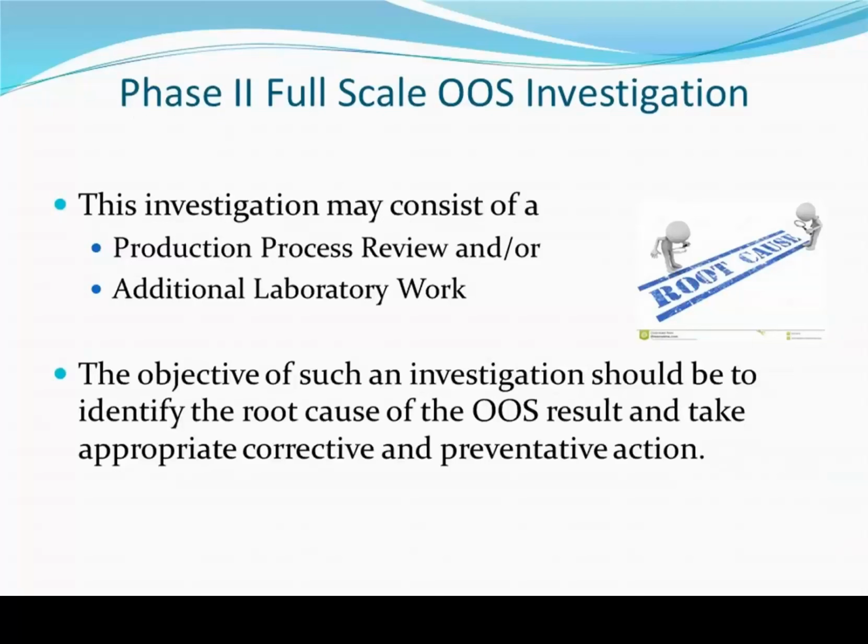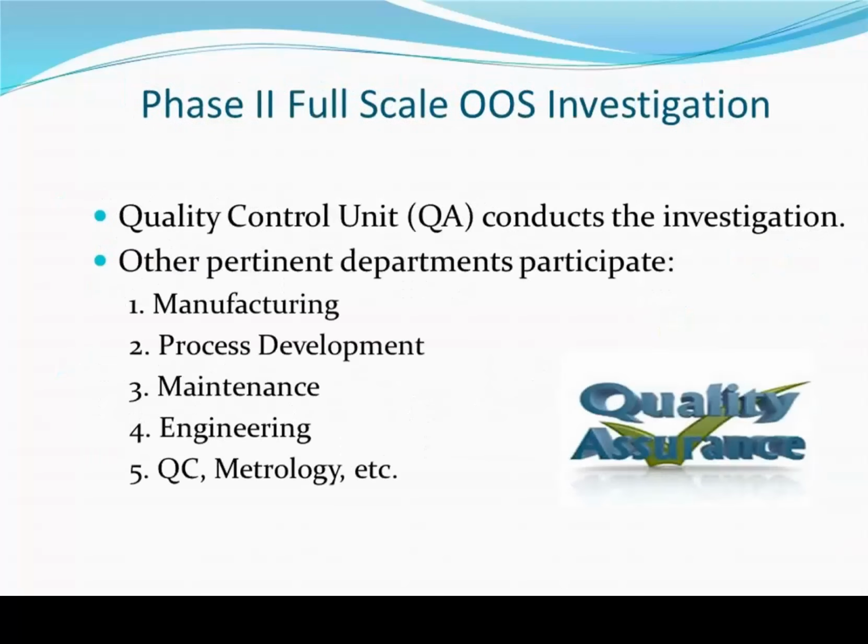The objective of this investigation is to understand what caused that out of specification result, because we want to fix it. We don't want this to happen in the future, so we want to do an appropriate corrective and preventative action. We let our QA counterparts know that it is now moving into a phase 2 investigation because we cannot find any clear cause in the laboratory.